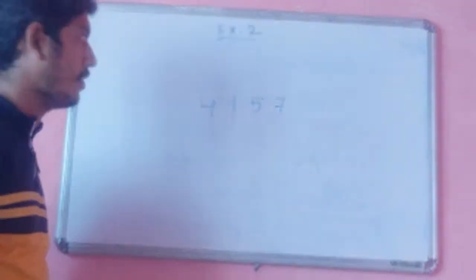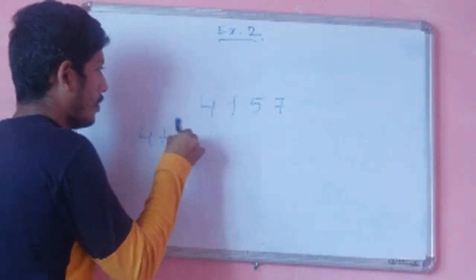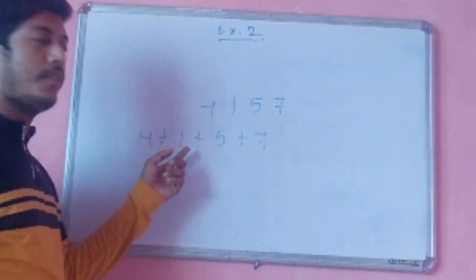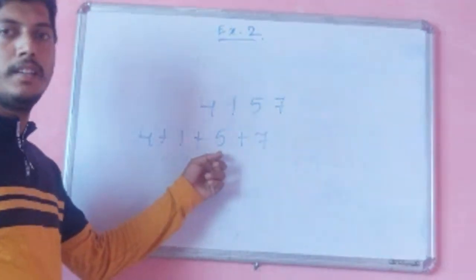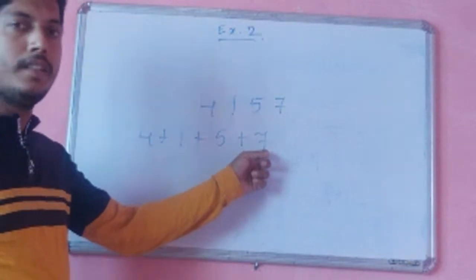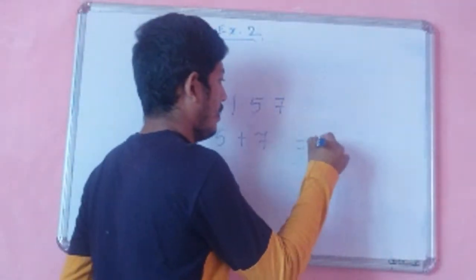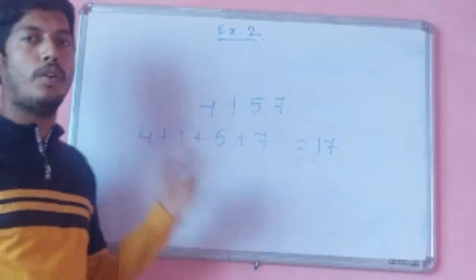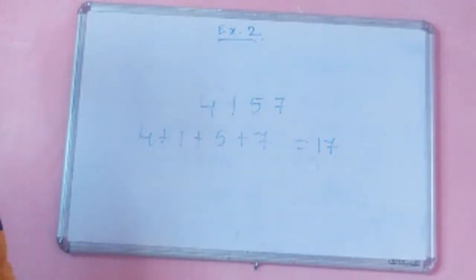First I have to add: 4 plus 1 plus 5 plus 7. 4 plus 1 is 5, 5 plus 5 is 10, 10 plus 7 is 17. 17 is not divisible by 3 or by 9.